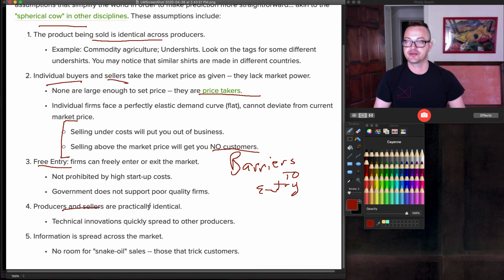similar to buyers and sellers being similar in their buying power, another assumption we make is essentially the producers and the sellers in this market are basically the same. You're keeping the level of technology and know-how fairly constant, right?